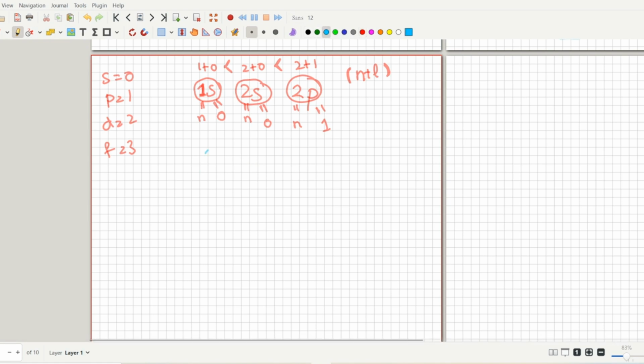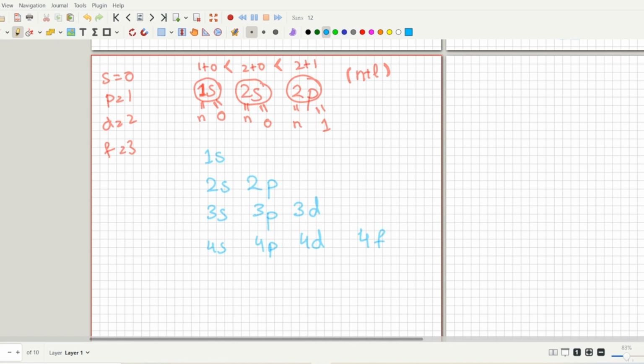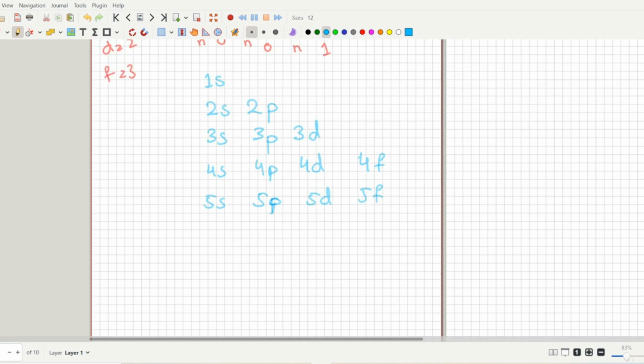So first write it down: 1s, then 2s, 2p, 3s, 3p, 3d, and then 4s, 4p, 4d, 4f, and then 5s, 5p, 5d, and 5f. You can go up to as many numbers as you want to, but I will just stop here.